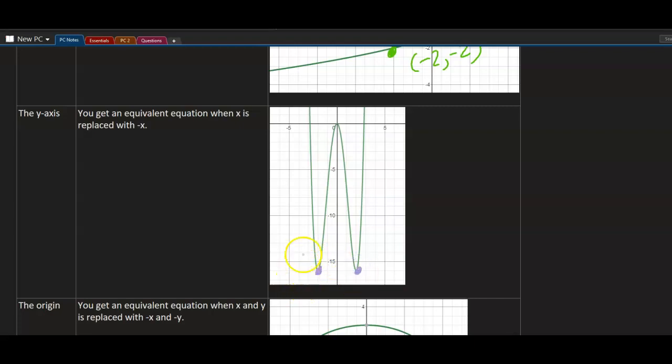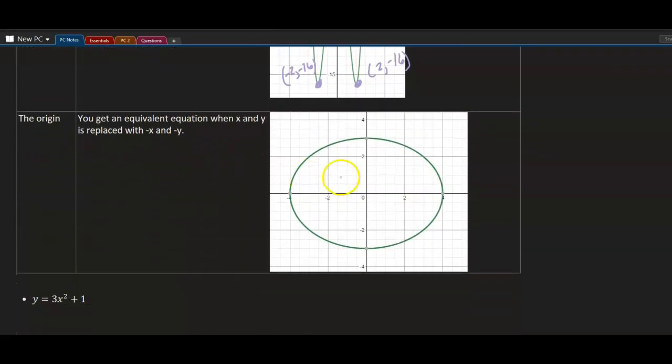The x value is -2 and the y value is -16. Over here, the x value is 2 and the y value is -16. So notice the y values don't change, but the x values do change in sign. Algebraically, our test is going to be to substitute -x for x and see what we get.